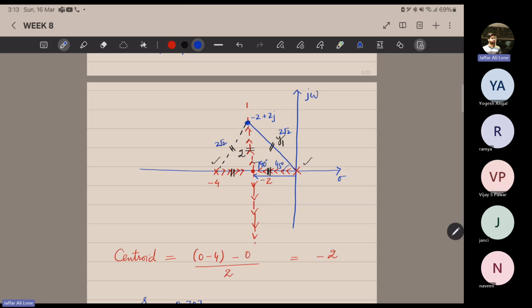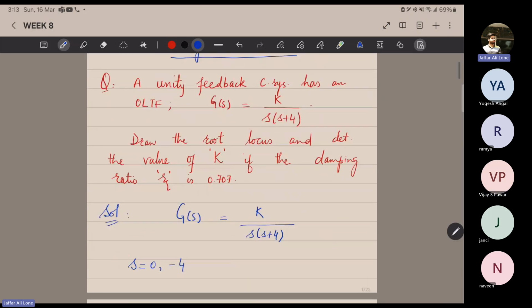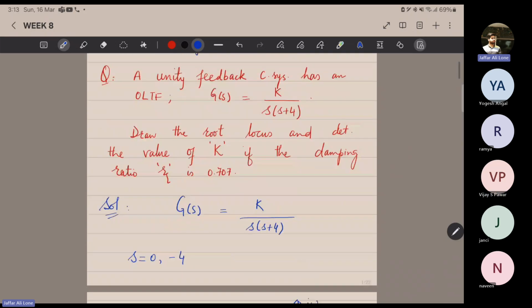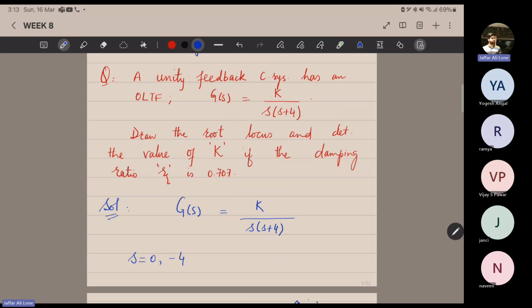It's just a simple root locus question. The question was g of s equals k divided by s into s plus 4, draw the root locus and determine the value of k if the damping ratio is 0.707.